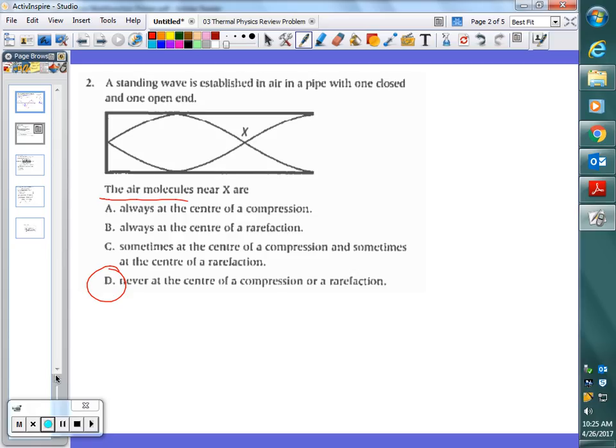They would both look the same. Does that make sense? So that's a hard one to tell. But at the node, where there is no compression or rarefaction, it's just sitting there. It's not at a center of compression or rarefaction because the medium is not disturbed at that point. Good there?